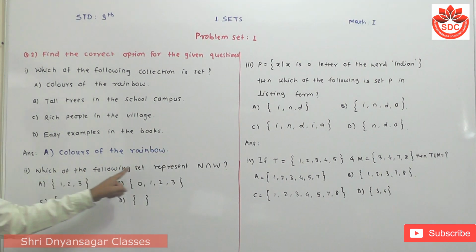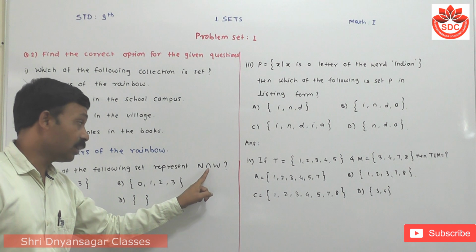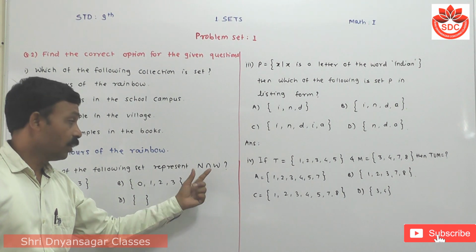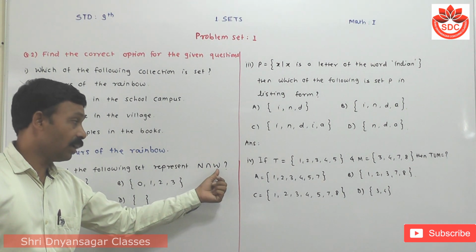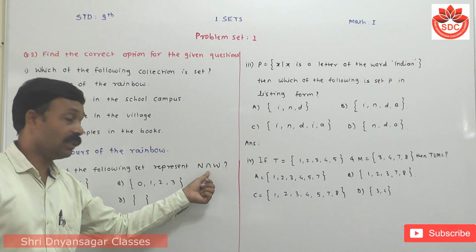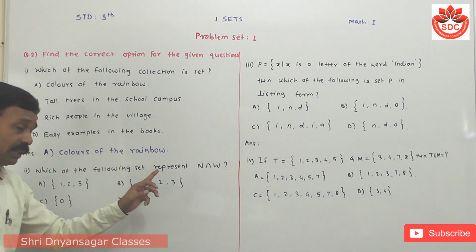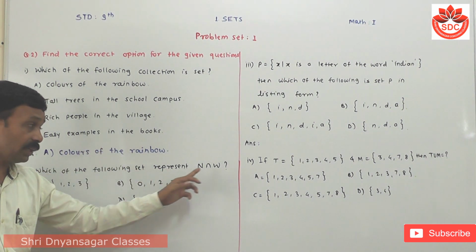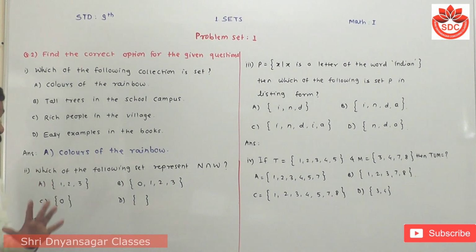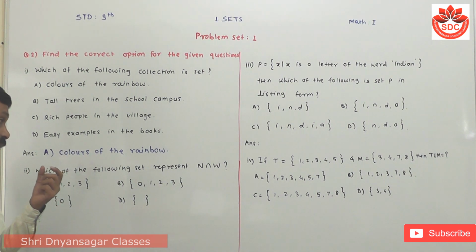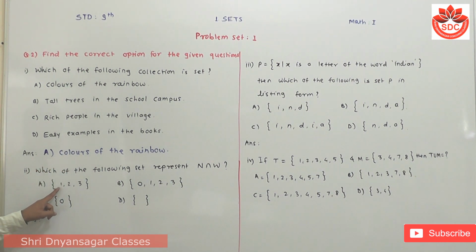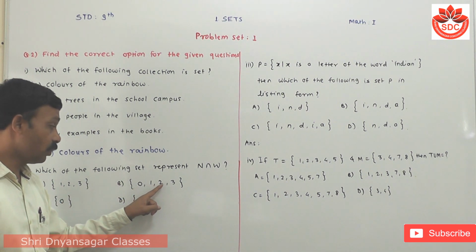Then which of the following sets represents N intersection W? Here N is the natural numbers. The intersection is 1, 2, 3, and W is 0, 1, 2, 3.